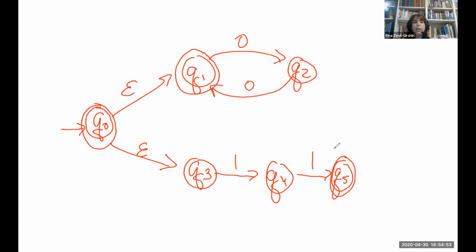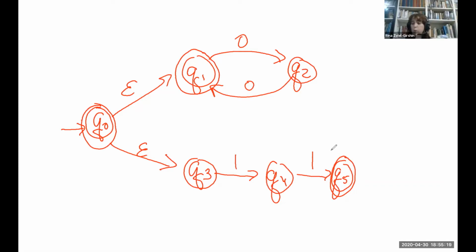And here, I would like to concentrate only on the second part of the language, where I was asked to do what? What was my second choice? Or even number of zeros, or? Exactly 2 ones. Do I have exactly 2 ones? Yes.